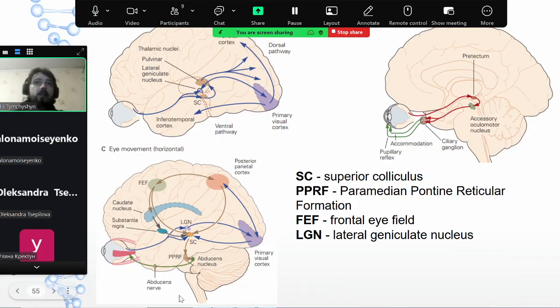So in some cases, when there is something wrong with the visual processing, a human may be blind, but the eyes may still react by moving because the path through the SC is intact. Rare cases, but it may happen.